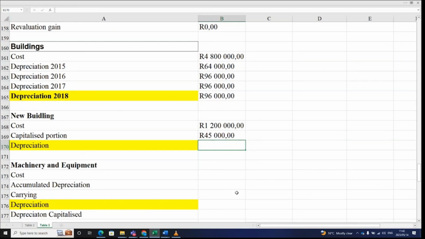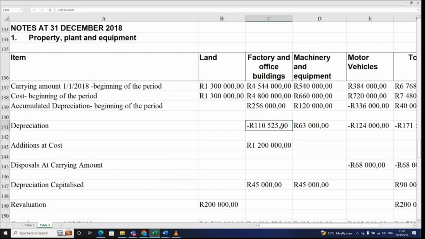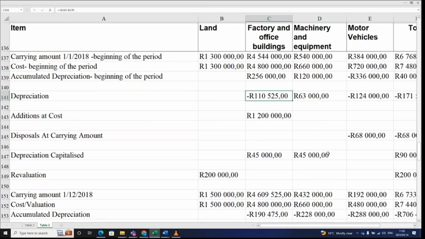So for that we say this plus this, times 2% times 7 out of 12. Then we also add that to the depreciation of the old building, and that gives us a depreciation of 110,000 Rand. So that's essentially the idea we've got over here.